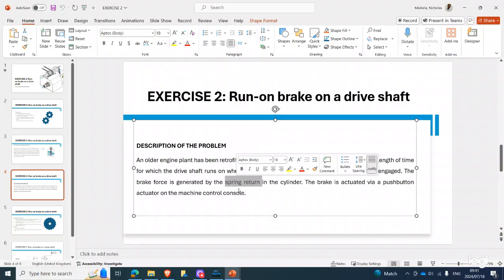Between the two, the only cylinder that is spring loaded is the single acting cylinder. So if you read a statement and hear spring return, you should automatically know that the cylinder to use is a single acting cylinder.